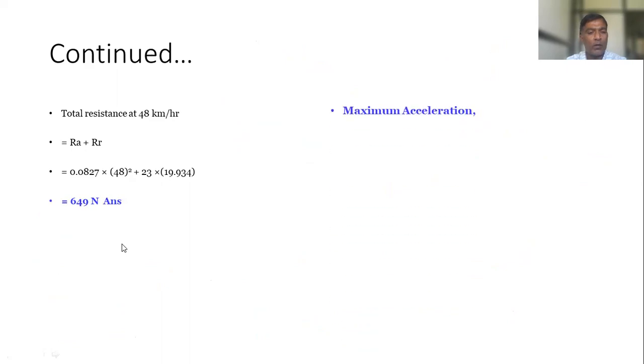Okay. Then maximum acceleration. So please write in your notebook. Therefore, maximum acceleration. Next line, F is equal to 1 upon WE inside the bracket.